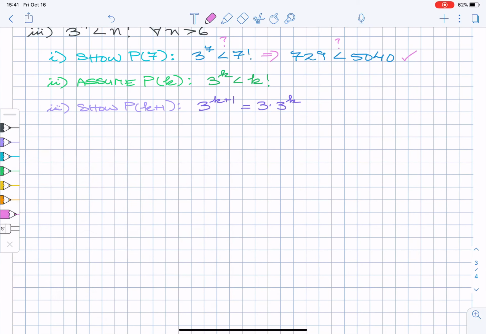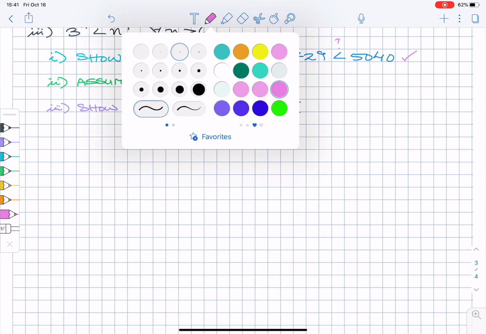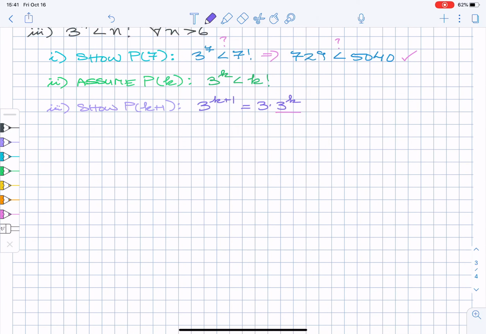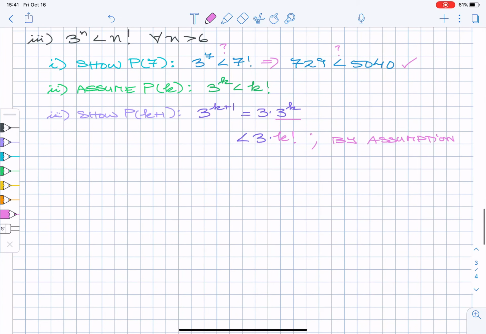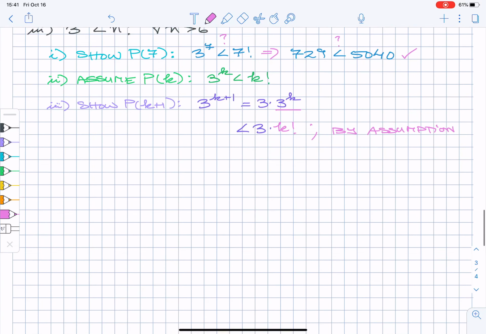Well, what do I know about 3 to the k? I know that 3 to the k is strictly less than 3 times k factorial, and that is by assumption. So my goal is to get to k plus 1 where that 3 is.